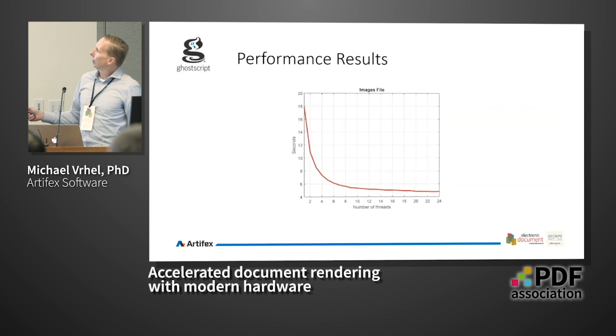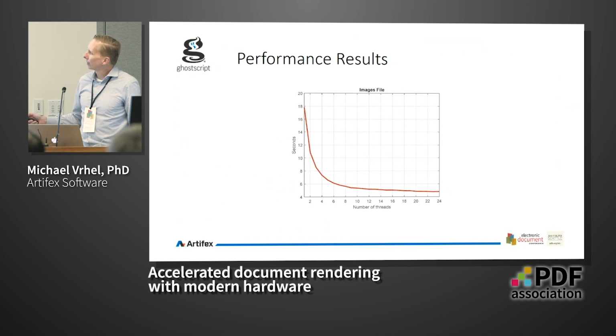So as we render, for example, the images file, here on the x-axis is the number of threads, going from 1 to 24, and it's the number of seconds to render the file. You see it's kind of a 1/n curve that you would expect. For example, with just one thread, it takes 18 seconds to render that page.